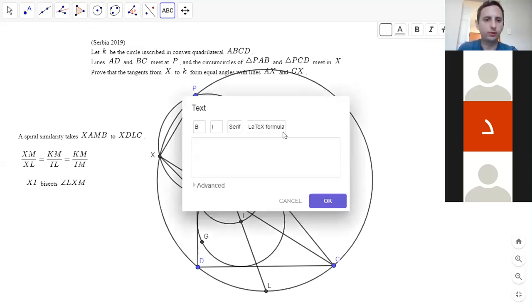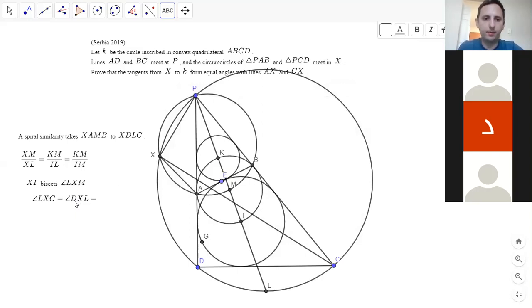So hold on just a sec. DXL is angle AXM.